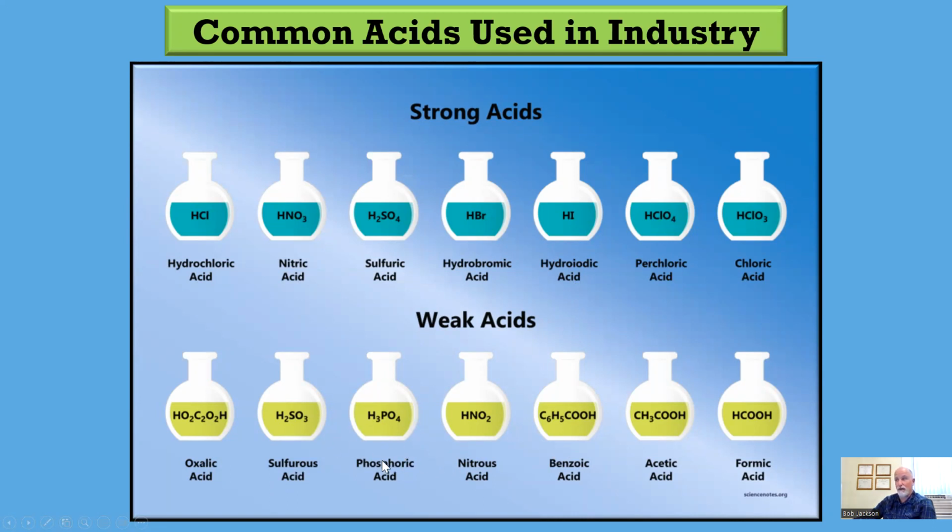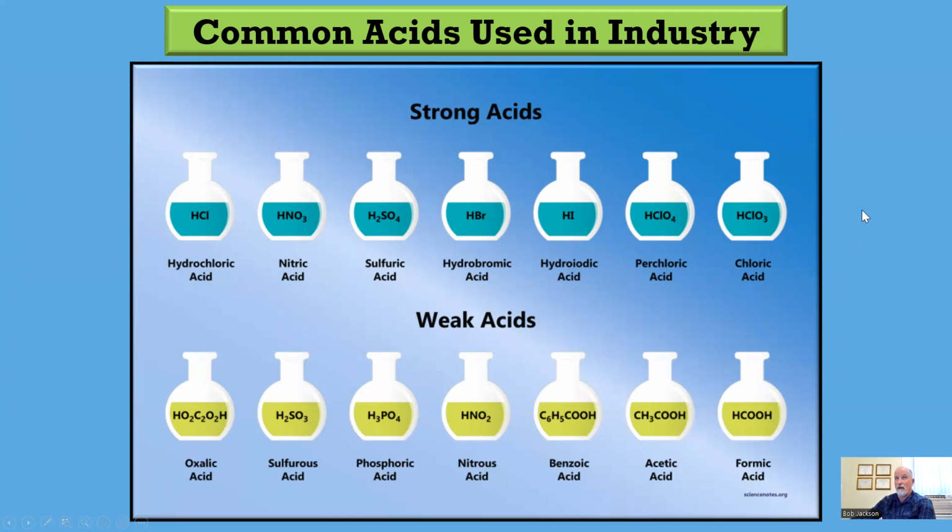Phosphoric acid is pretty common in industry. Benzoic acid, acetic acid by far, and then formic acid, which is used in several industrial processes, but it's in bee stings and in ants. You find it naturally in ants. So that's common acids.